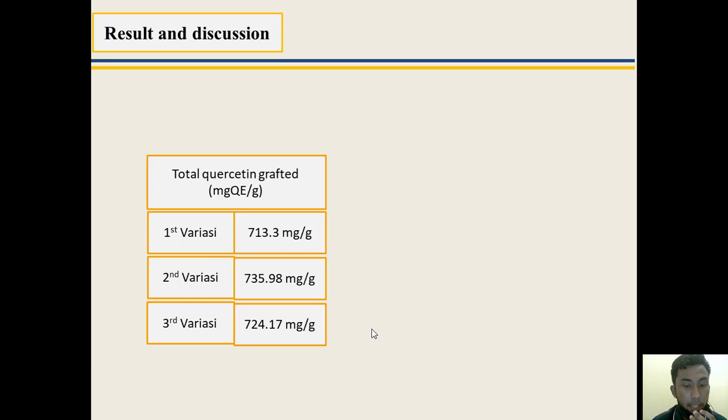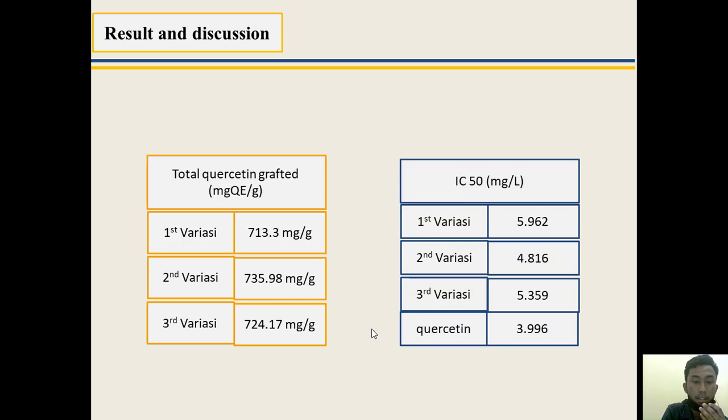The grafting ratio of quercetin with several variations can be seen in the slide. The ratio of quercetin grafted inulin was higher than previous studies about polymer grafted antioxidant compounds.